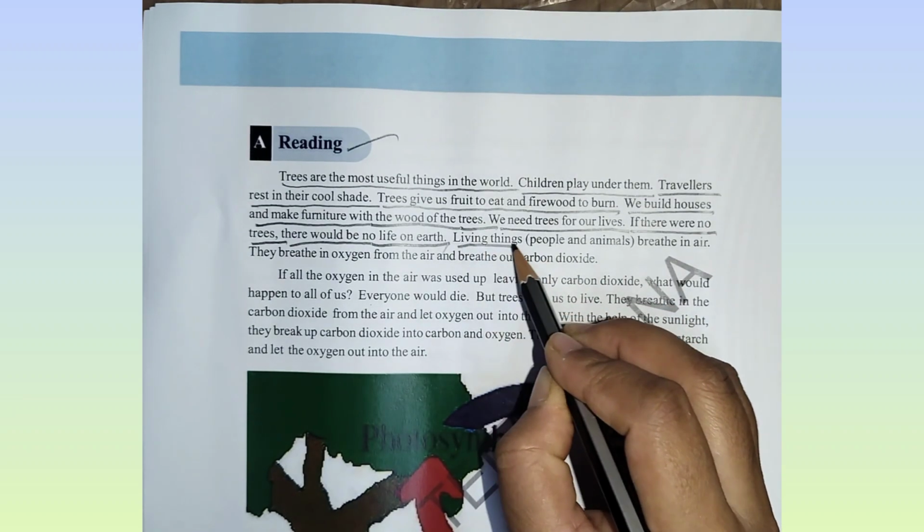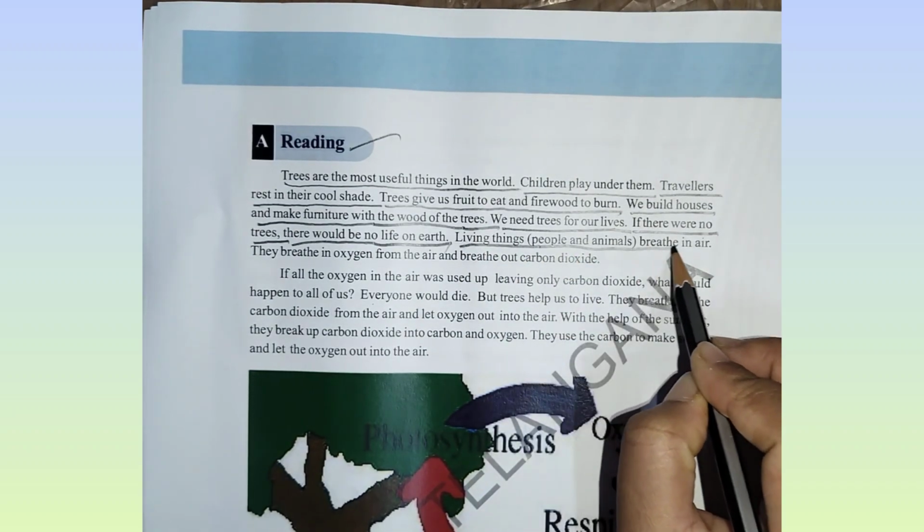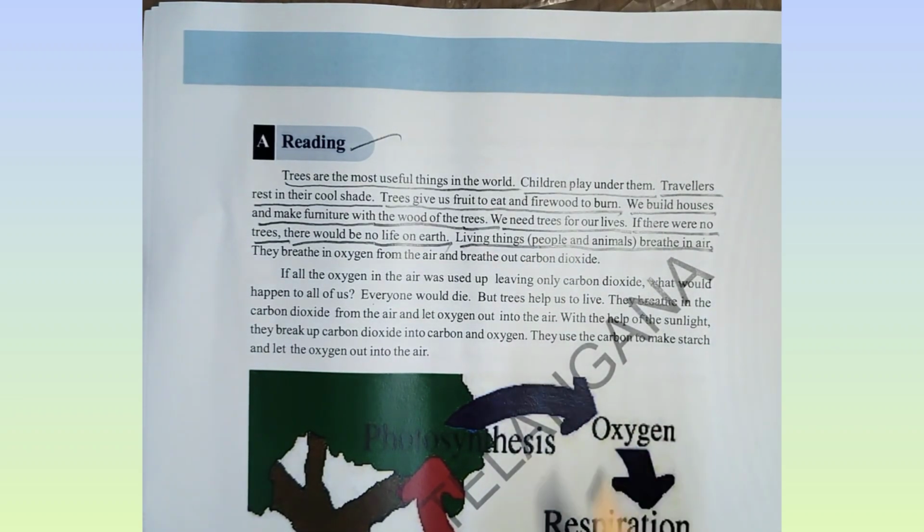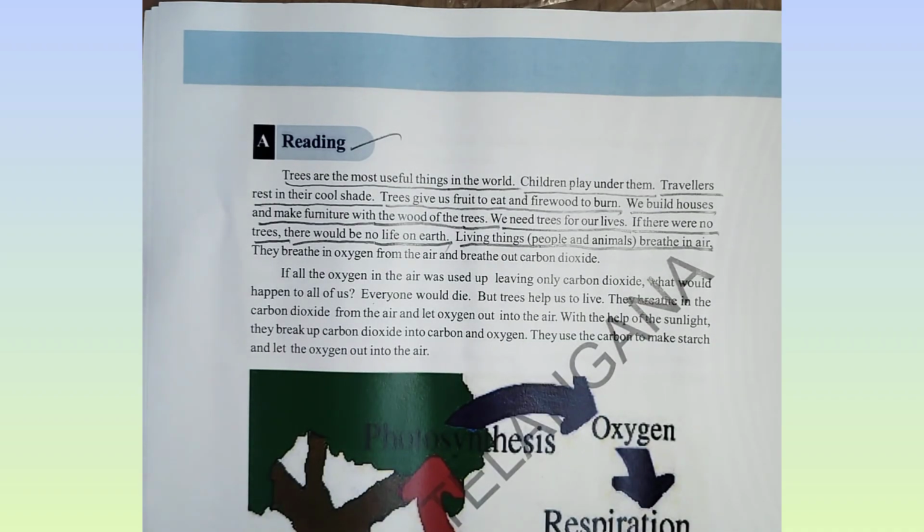Living things, people and animals breathe in air. If you want to breathe air also, we get oxygen from the trees only. The oxygen is released from the trees only. So if you want to live on the earth, whether people or animals, you have to grow the trees.